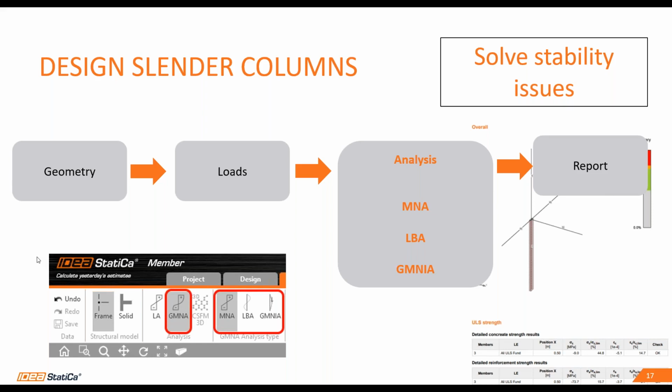Right now we will be focusing on the design of slender columns in the application IDEA StatiCa Member. With greater demands on slender structures, engineers are forced to go to the limits of material strength, and especially the limits of stability. So IDEA StatiCa Member provides a solution for slender compressed columns.